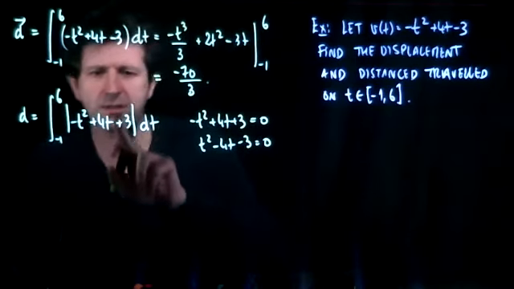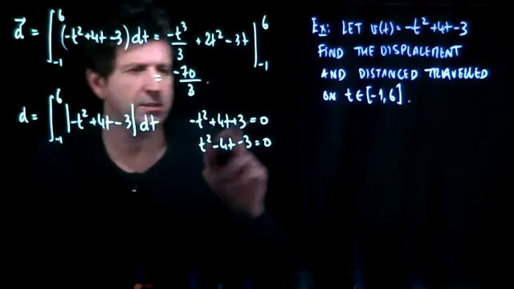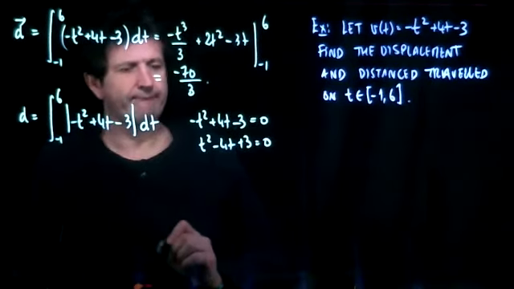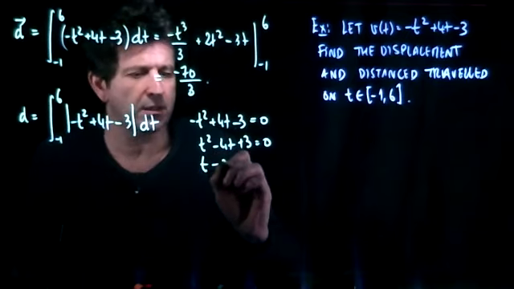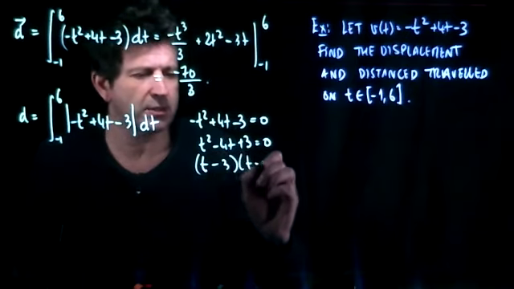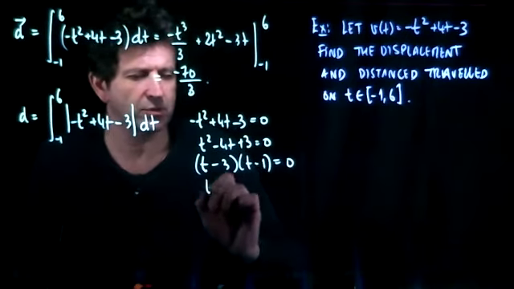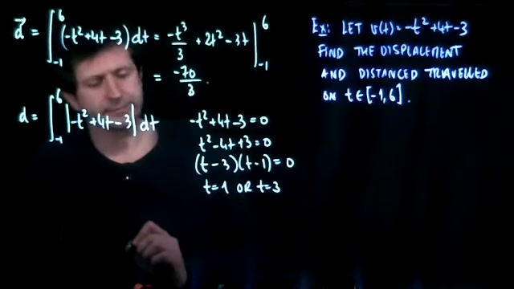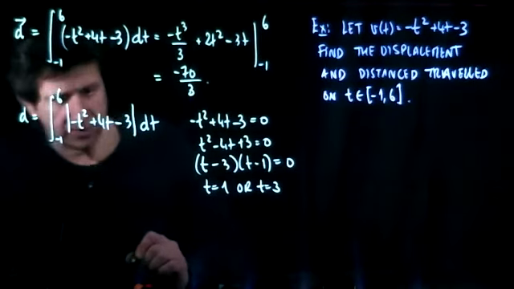Okay, so it's minus a plus. t minus 3 times t minus 1 is equal to 0. So t is equal to 1 or t is equal to 3. This is when it becomes 0.